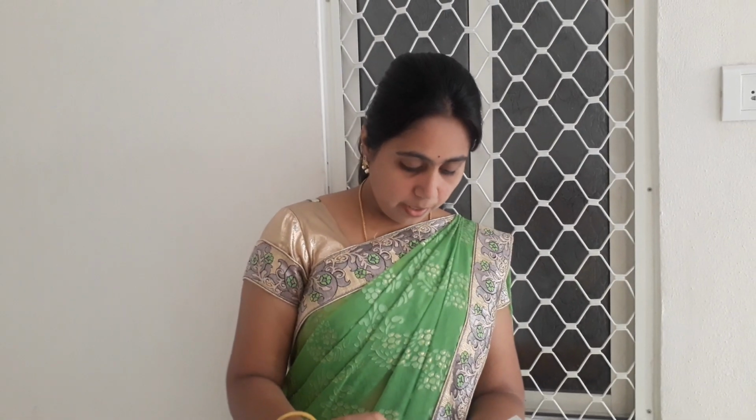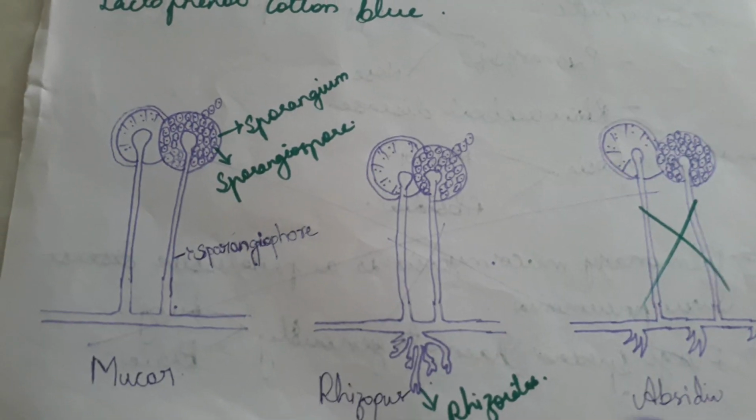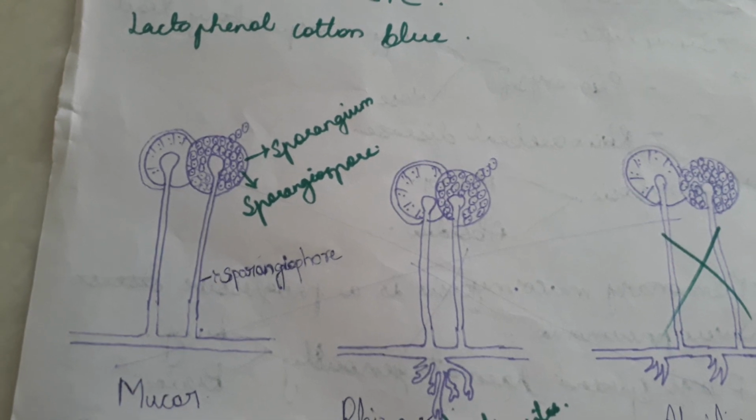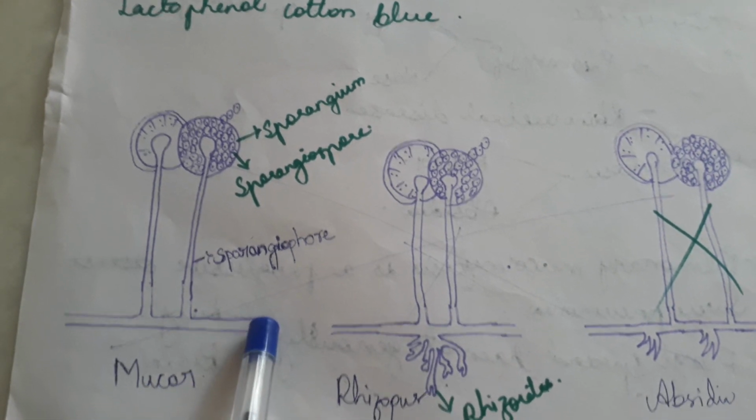Culture is done on Sabouraud's dextrose agar without cycloheximide at 37 degrees centigrade. Lactophenol cotton blue shows branched sporangiophores arising randomly along the aerial mycelium.